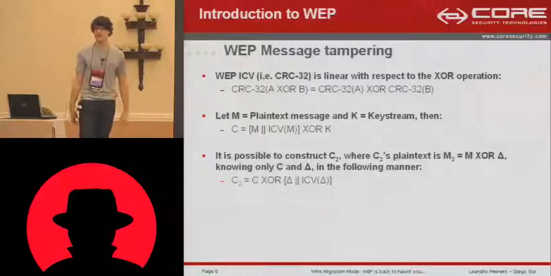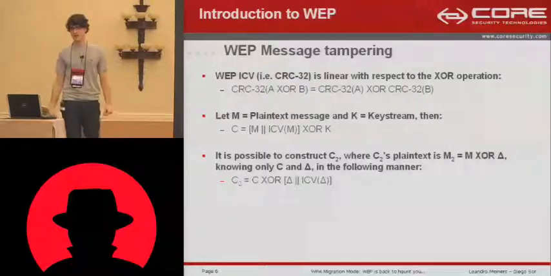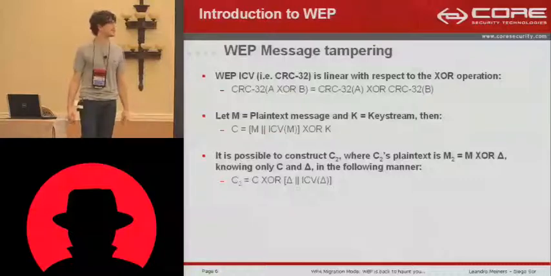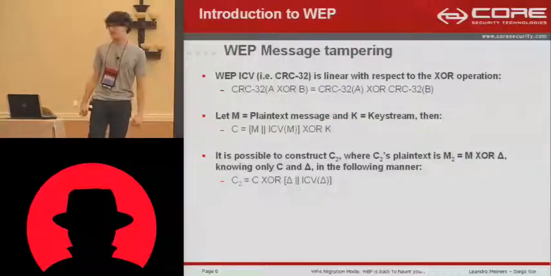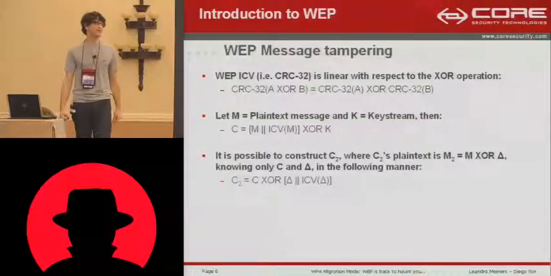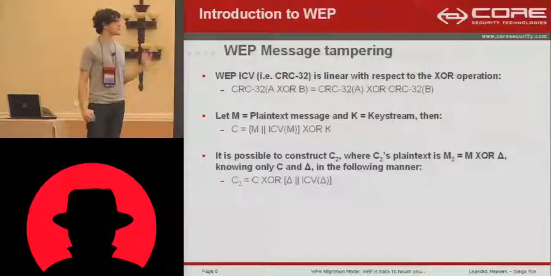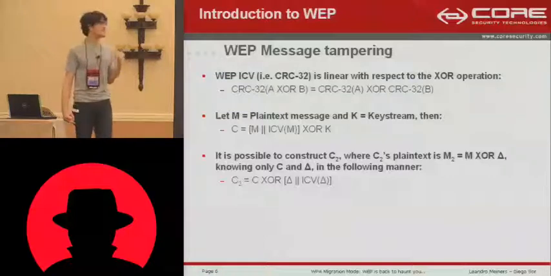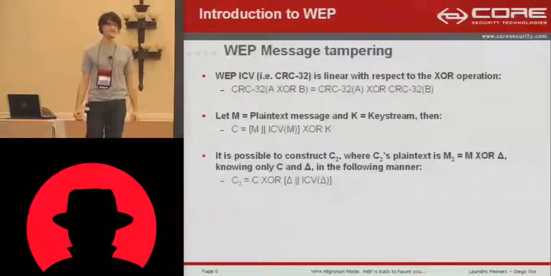This is the basis that we need for this to happen. So we claim that it is possible to build a new message, a new ciphertext, C2, based on the first ciphertext and a delta value that is arbitrarily selected by the attacker, and we can control it. So basically, knowing the ciphertext and setting a delta value, we can build a new ciphertext which is valid for WEP encapsulation.